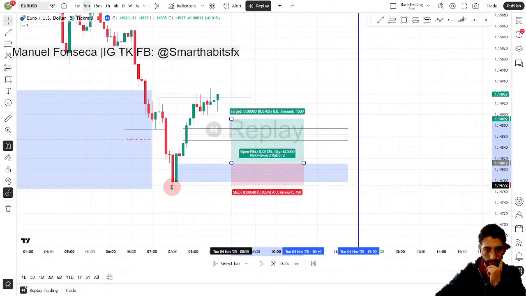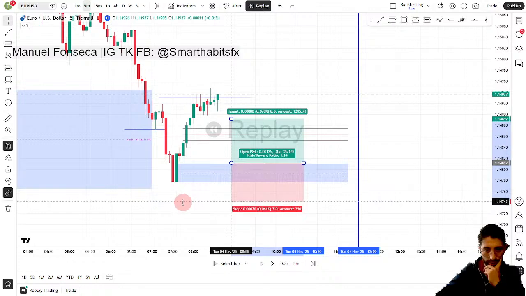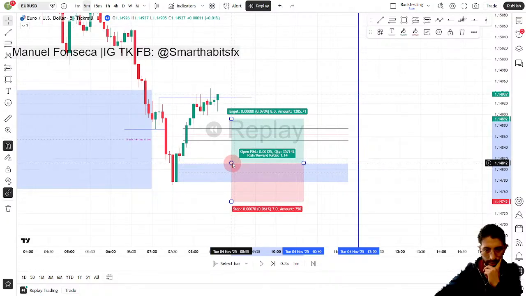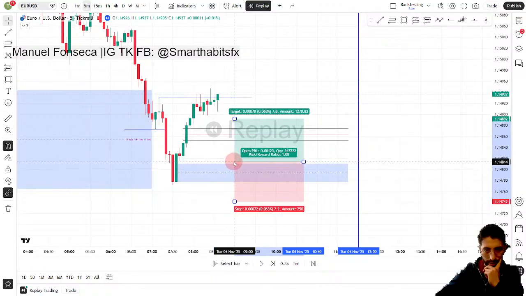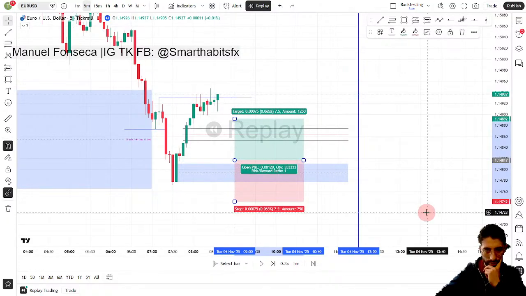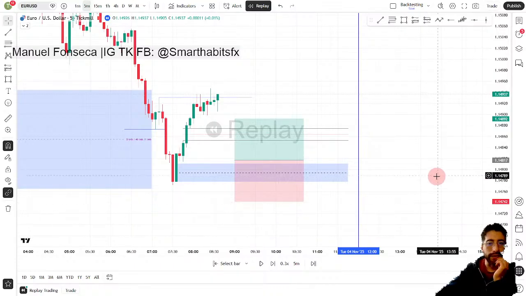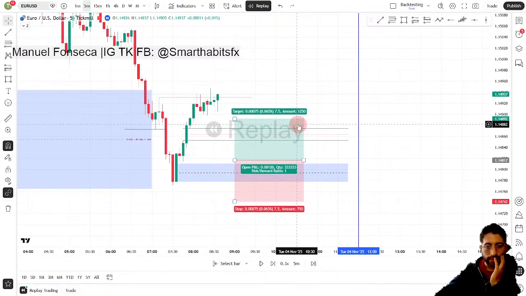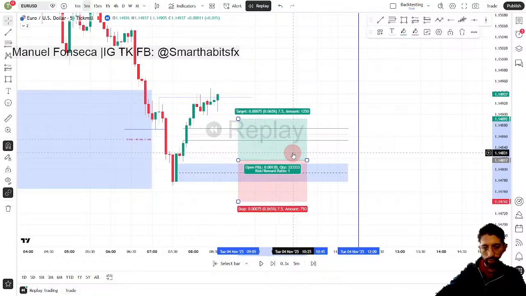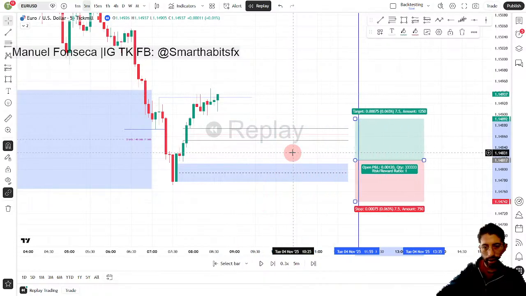So let's put it here. This is 4 pips. I'm going to put 3 more, so 7. And since sometimes the price is a little bit reckless, I'm going to put 5 more. Yeah, that's it. This is the first order, at the extreme, the movement creator.